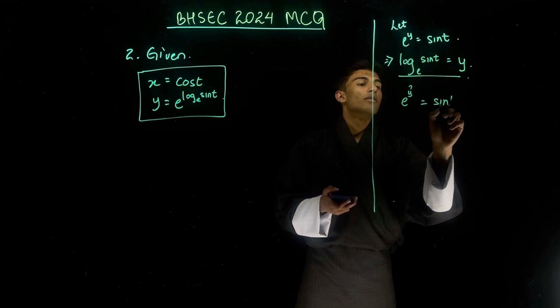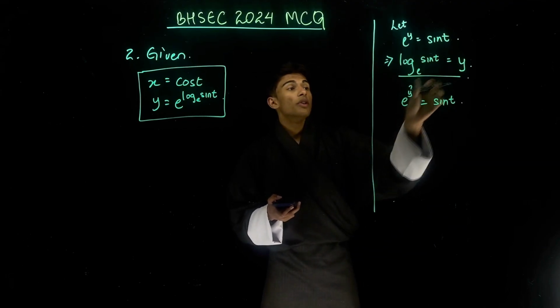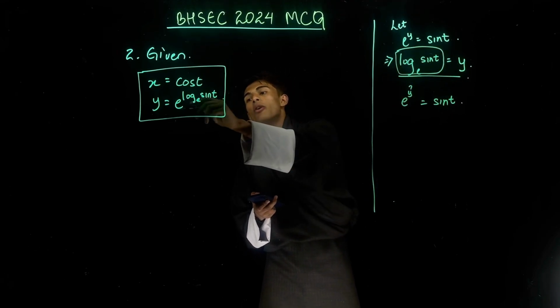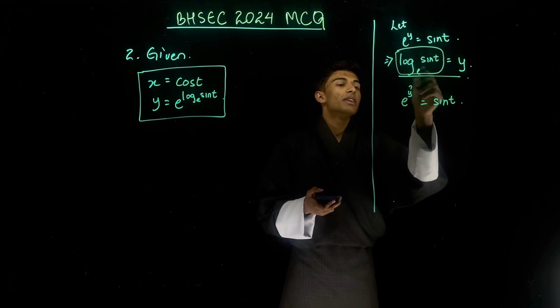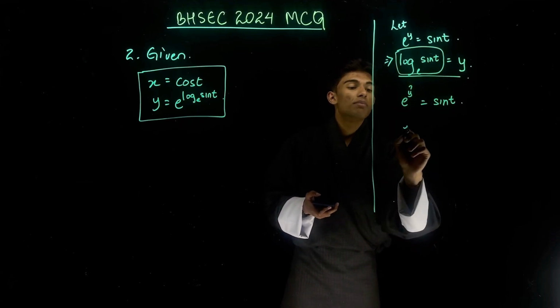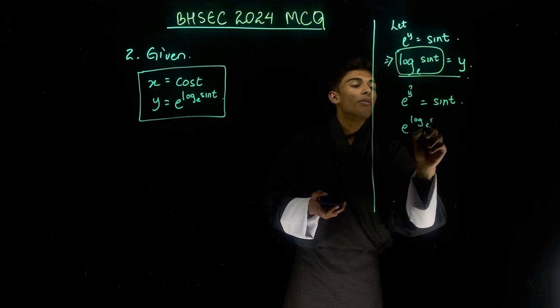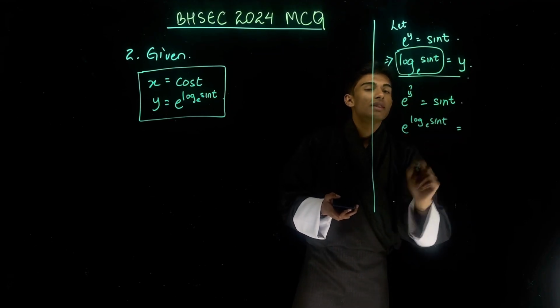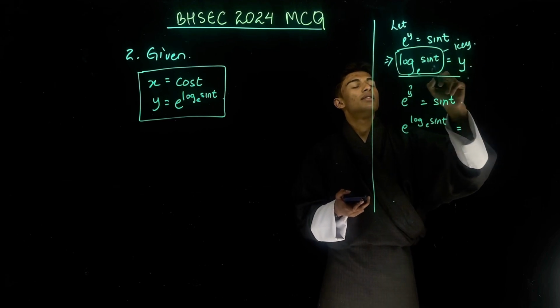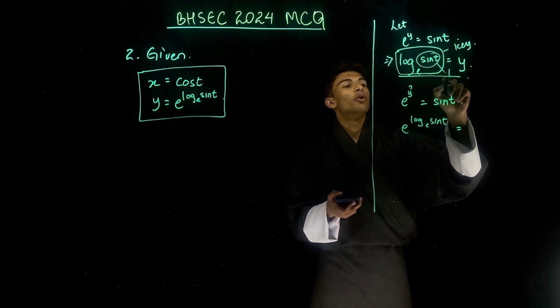sine t. And when you put this function, log e of sine t, as a power of e itself, because this tells us what the power should be in order to get that value, it's as though you're using this as a key and this as your lock.